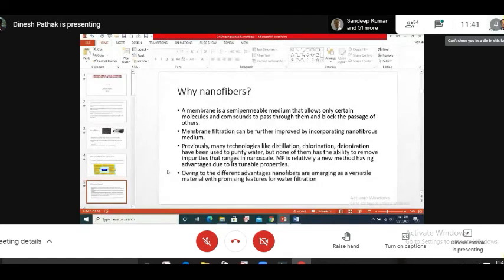We can control the conditions when we are growing nanofibers, and we can control the porosity and diameter, and then we can have plenty of applications. Also, they are very lightweight. Obviously, if we have a thin layer of nanofiber sandwiched in some media, they will be lightweight. Considering these, people are moving toward nanofiber nanotechnology solutions.